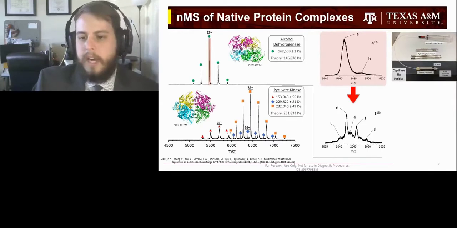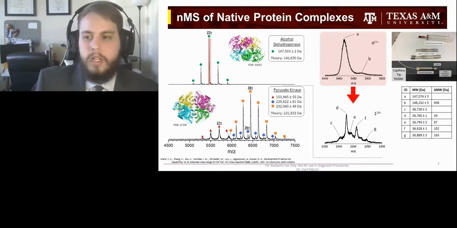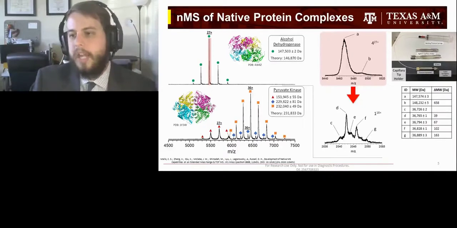But we see this monomer at 18 plus, and we can start to observe separation in the mass domain of non-specific adducts. And based on the charge states analyzed, as well as the mass to charge spacing, we can start to pull out some of the changes in molecular weight.